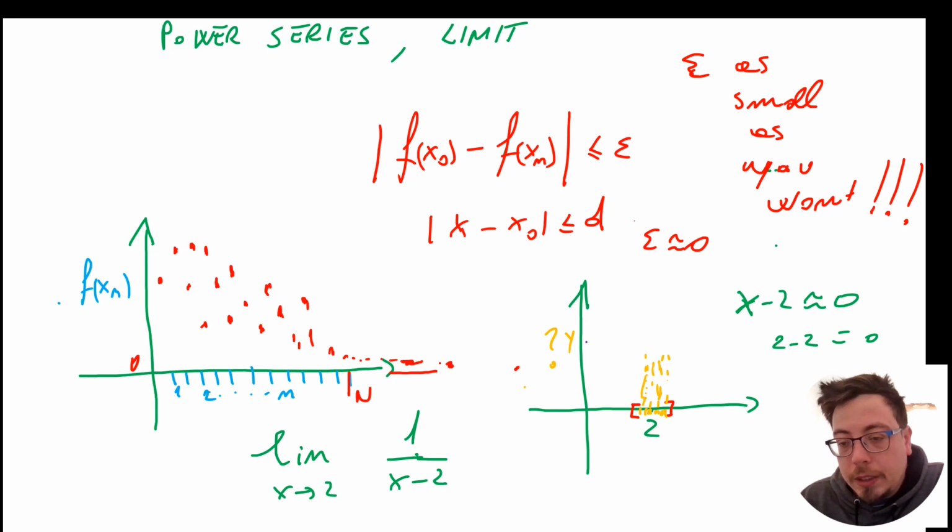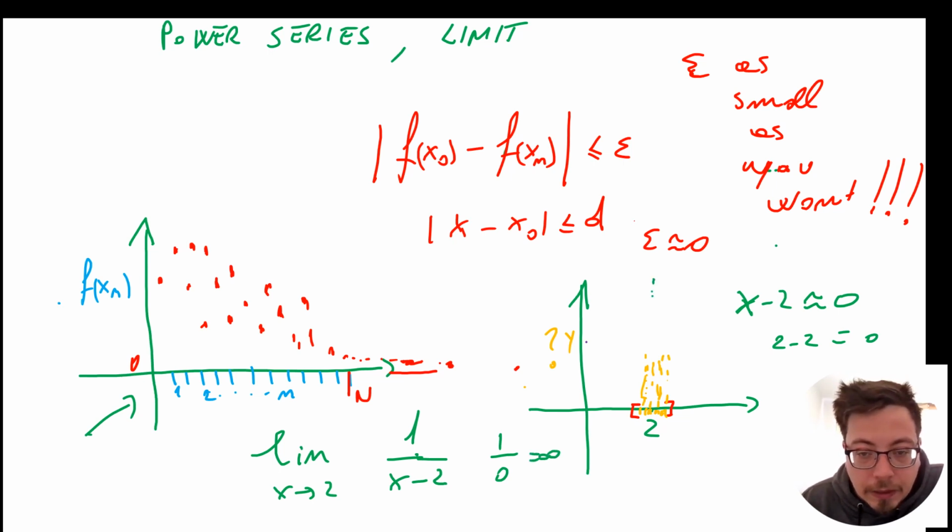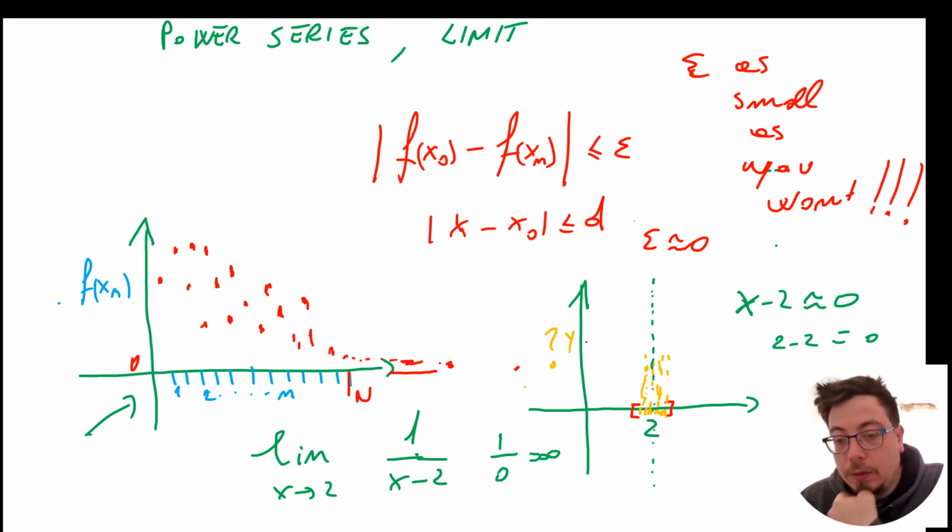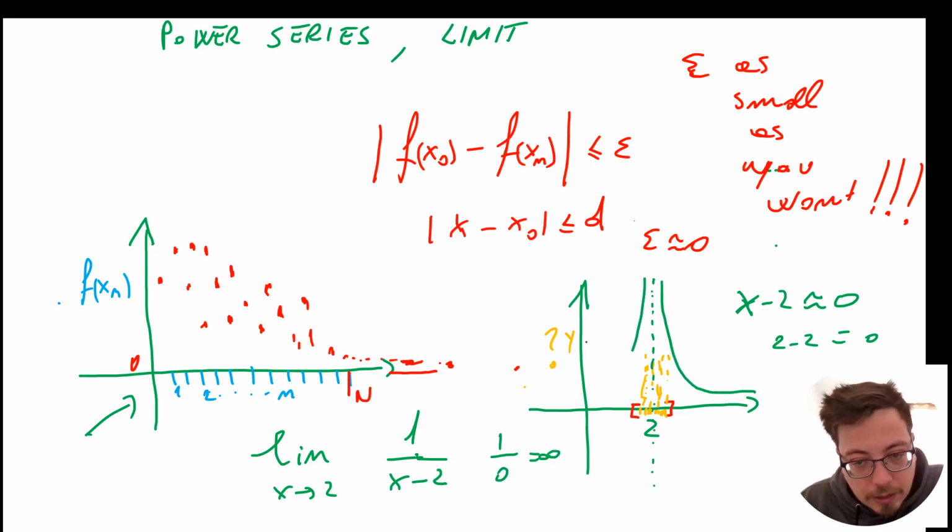Meaning that if you're walking closer to 2 in this fashion, you are approaching 0. But 1 over 0, we all know goes to infinity. So at this point, the function goes to infinity. And actually, it goes to infinity in this way, and then it goes to infinity in this way here.